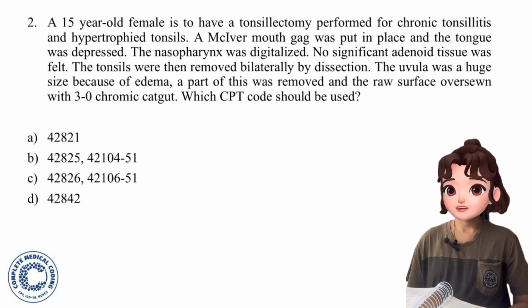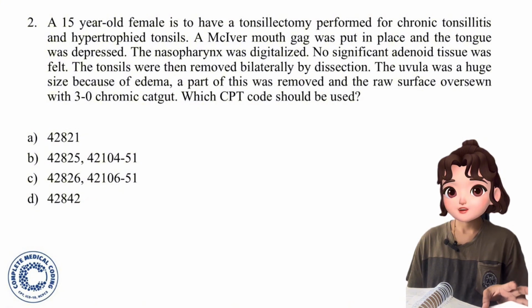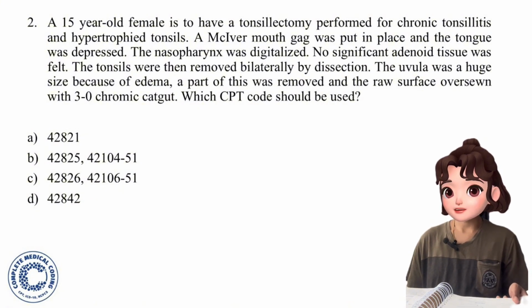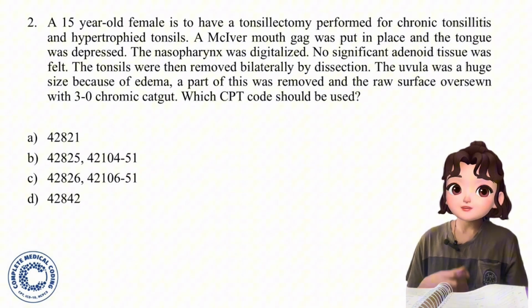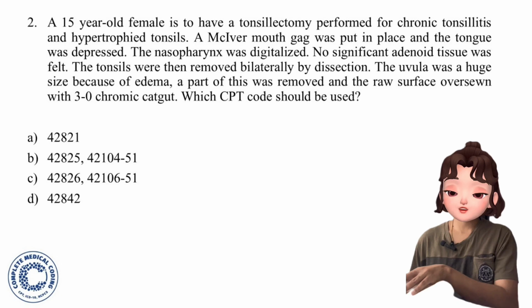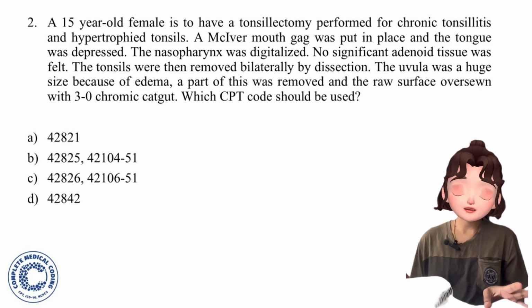So here you have to go for the tonsillectomy procedure. And then, is there any other procedure carried out? See, the uvula was a huge size because of edema. So part of the uvula was also removed. That procedure also you have to code. Anyway, let's find out the correct CPT code.